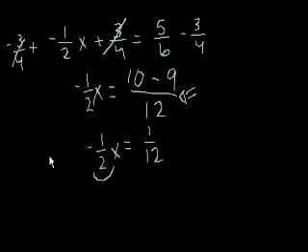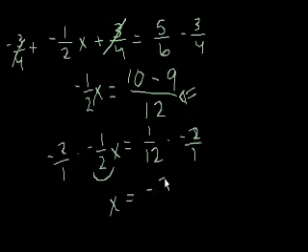That's minus 2 over 1 times minus 1/2 x on that side, and then that's times minus 2 over 1 on the right. The left-hand side, and you're used to this by now, simplifies to x. The right-hand side becomes minus 2 over 12. And we could simplify that further to minus 1 over 6.